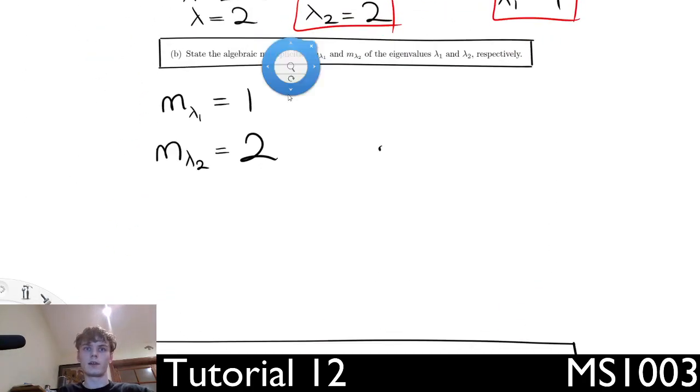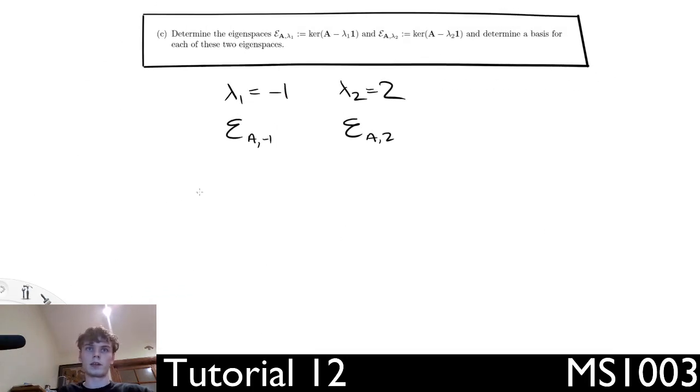So if I do that, I'm going to start off with lambda 1 equals -1 first.